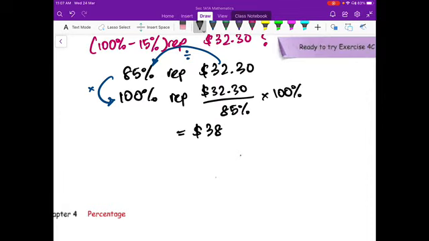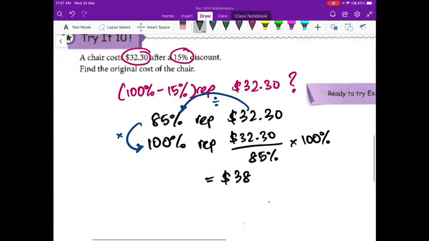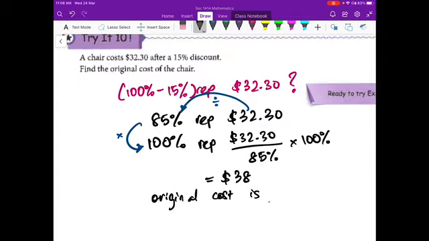Does this make sense or not? Original price $38. 15% discount, you pay less. Is it correct? After discount, you pay less. So it looks okay. $38 became $32.30. So final statement, original cost is $38.